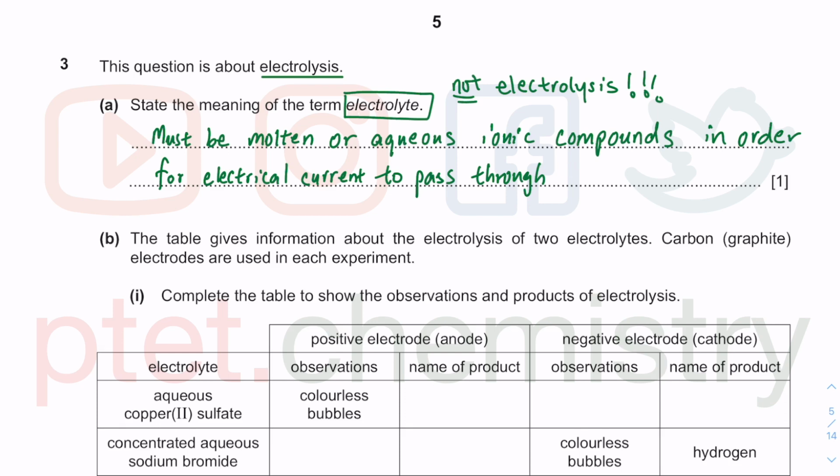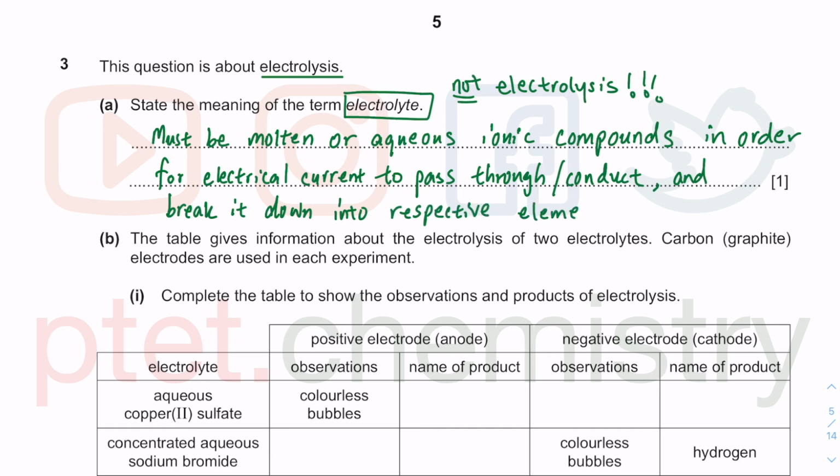And when they are in the molten or aqueous state, the ions become free to move, and this is required for the electrical current to pass through or to conduct in order to break them down into the respective elements that made up the ions.